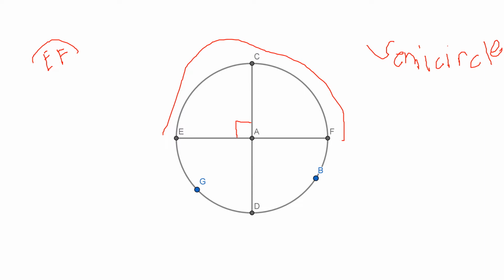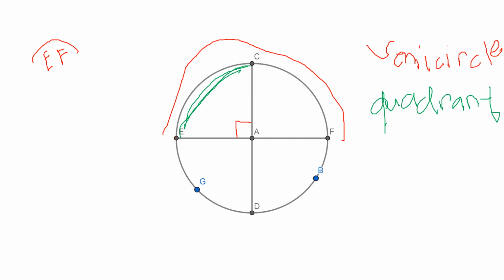Now, as you can see here, from point E to point C, this arc is known as a quadrant. A quadrant is half of a semicircle, so that's one fourth.